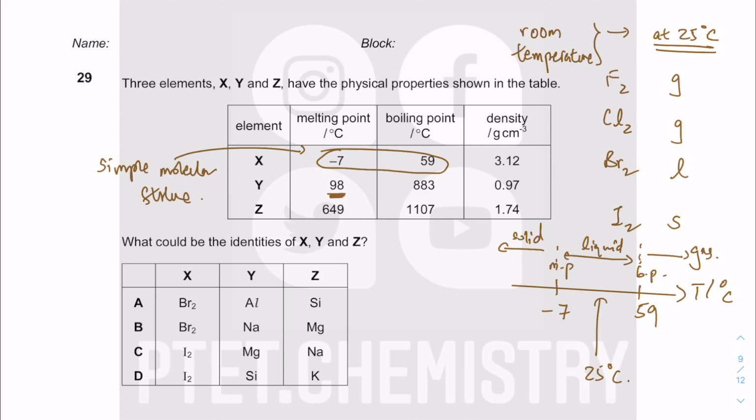So at 25 degrees Celsius, you're looking at something which is a liquid. So X is a liquid. At 25 degrees Celsius, iodine is a solid, which means X cannot be iodine.